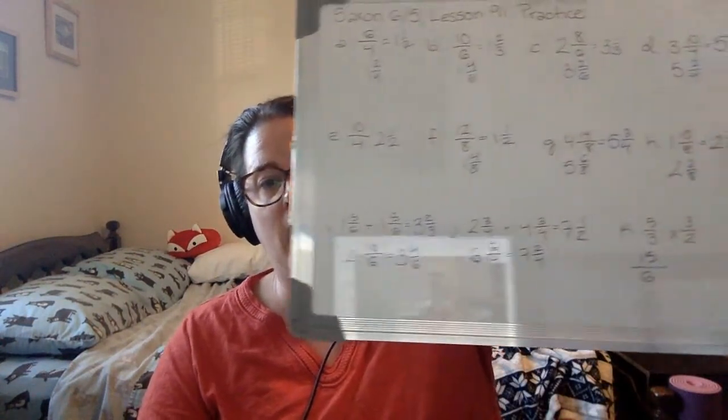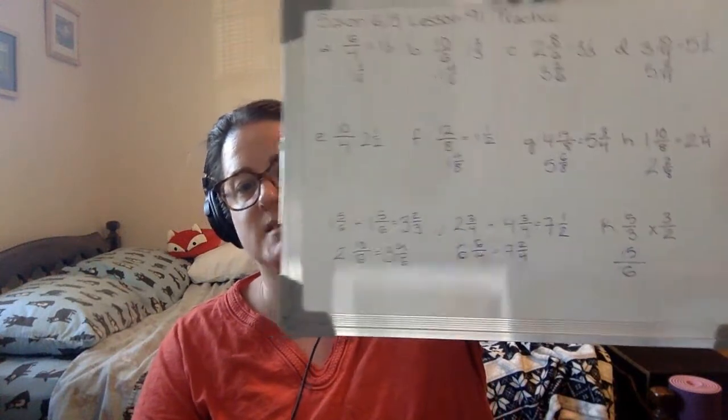It's the same with multiplication. We have 5/3 times 3/2. We're going to do the multiplication first. 5 times 3 is 15. 3 times 2 is 6. Our initial product is 15/6. 15/6 is an improper fraction. We're going to convert it to a mixed number, so it becomes 2 and 3/6.